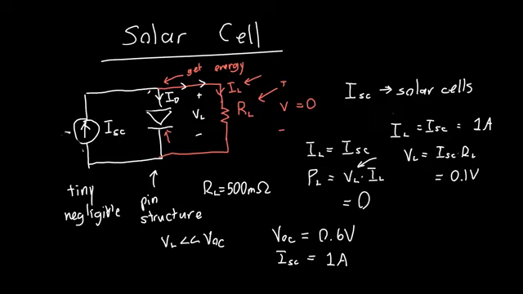And then as RL approaches infinity, so maybe let's say RL is several mega ohms, for example, then almost all of this current is flowing through this diode, and the voltage across here will just be the open circuit voltage, because it's as if this resistor doesn't exist anymore.